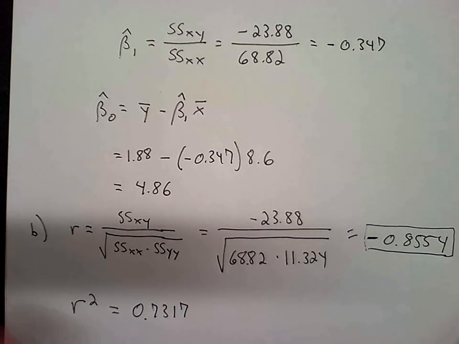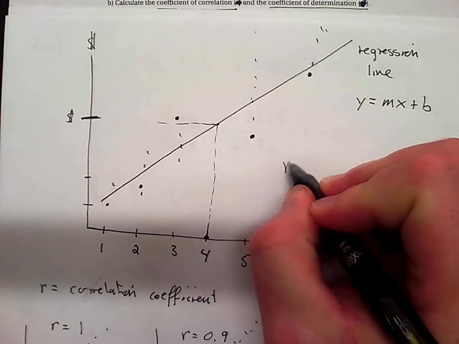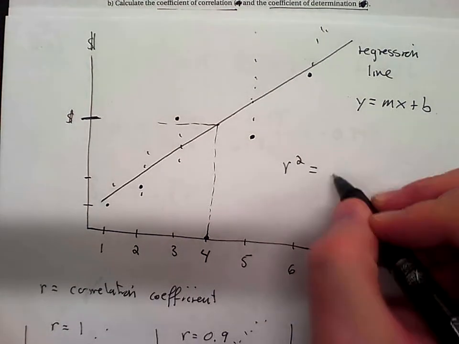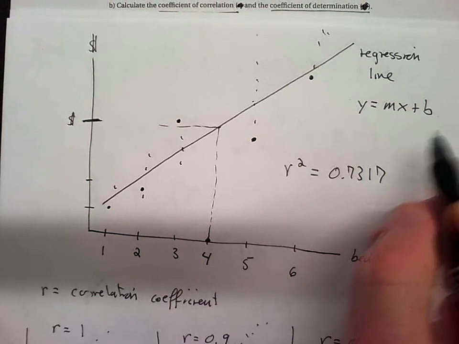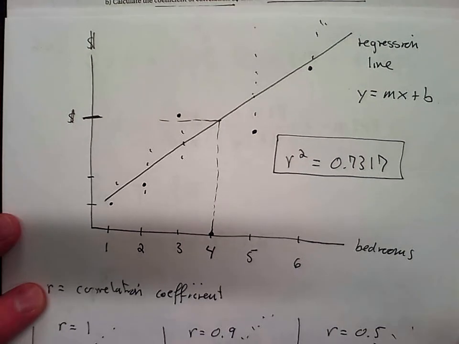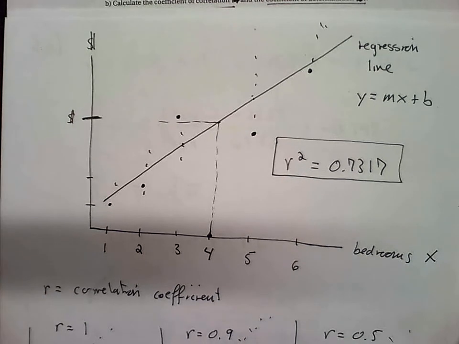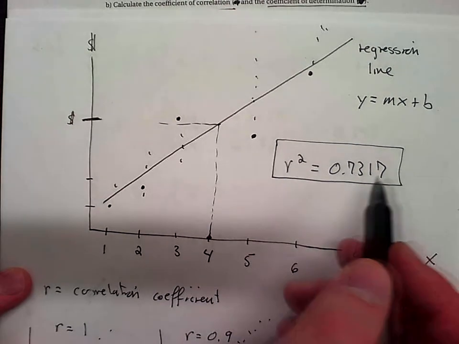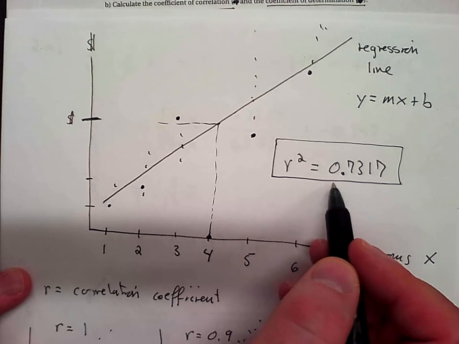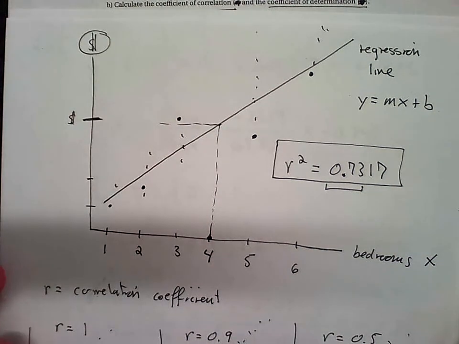So suppose that we were going back to that real estate example, and suppose that we found out that our r squared value was something like, I'll just stick with 0.7317, like we had on the last problem. What this would then mean is that, this is our x-axis, so this is going to be our x variable. The x variable would describe approximately 73% of the variation in home prices.